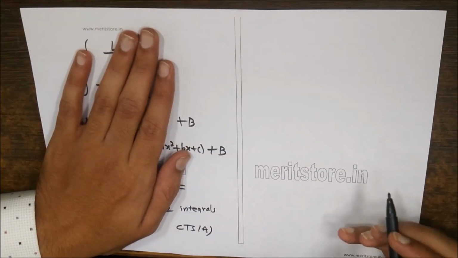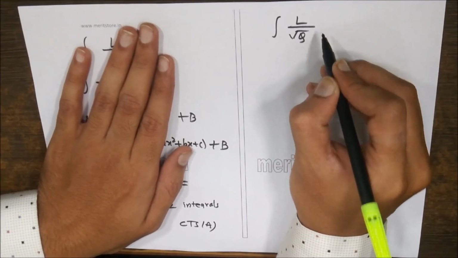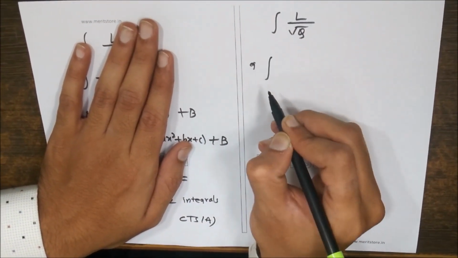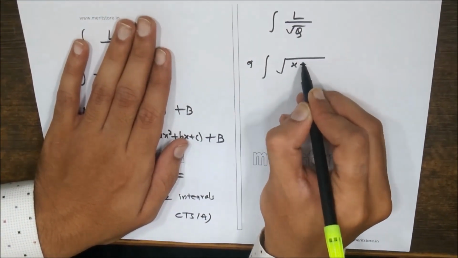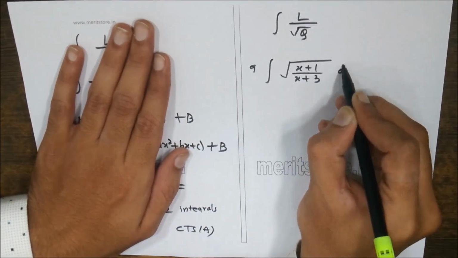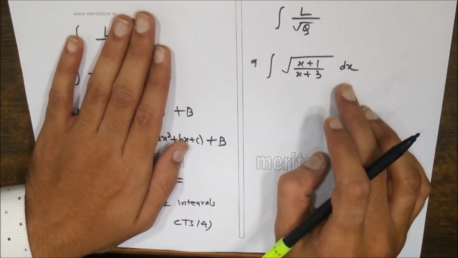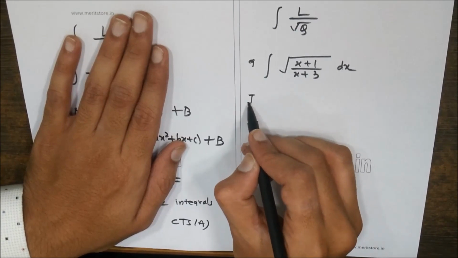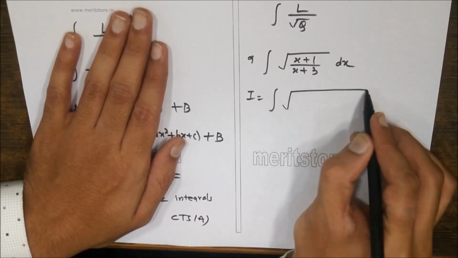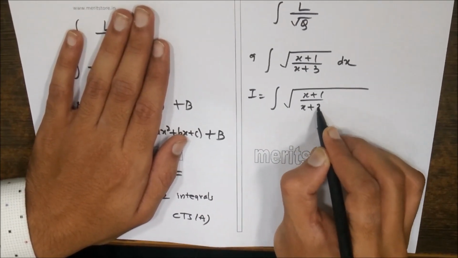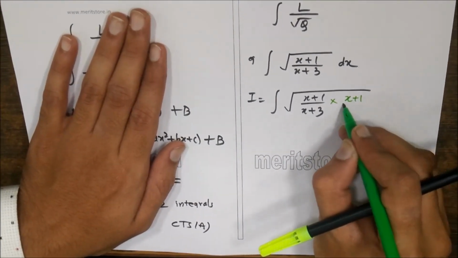To the next type, we will now be solving the category of linear upon root of quadratic. Example, integral of x root of x plus 1 upon x plus 3 dx. Now at the first glance, we don't even see that there is a quadratic here, but what we can do to get that is, we'll be multiplying and dividing by root of x plus 1. So at this step, it is x plus 1 upon x plus 3, and I am now introducing the term of multiplying by x plus 1 upon x plus 1.